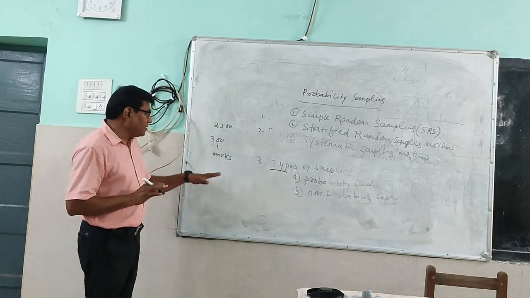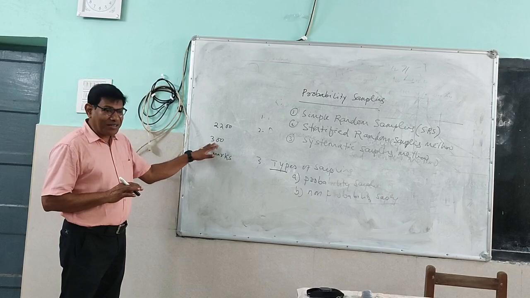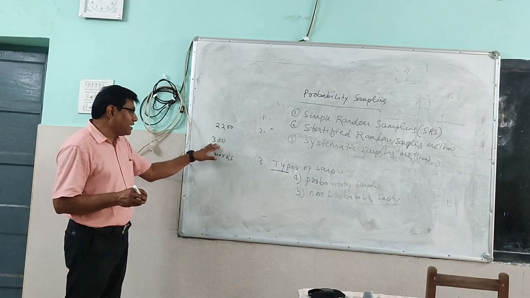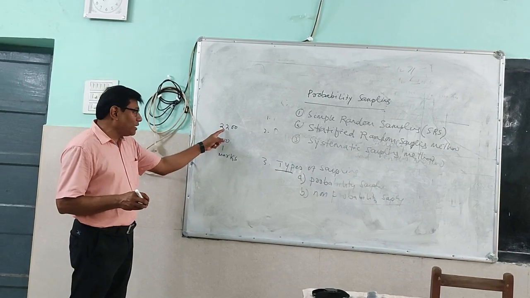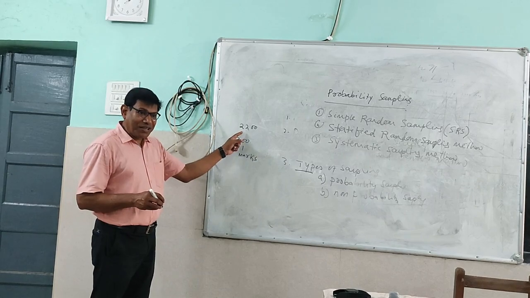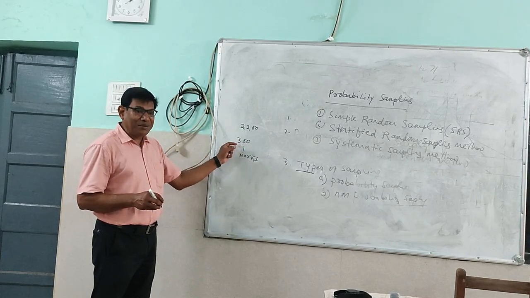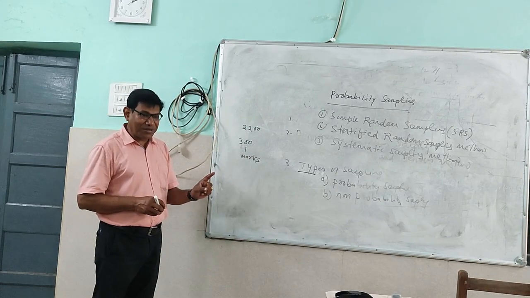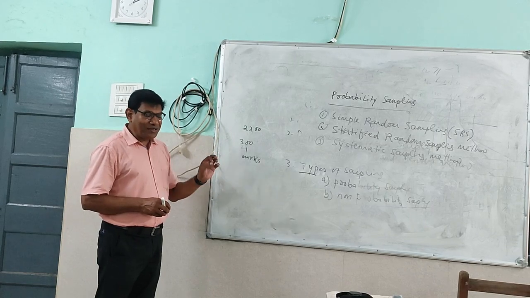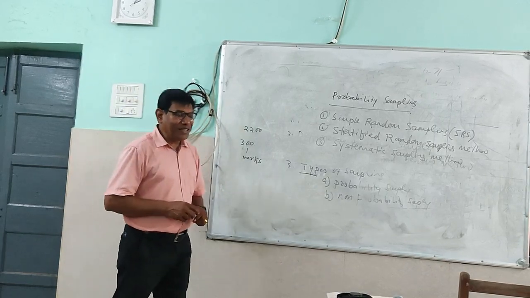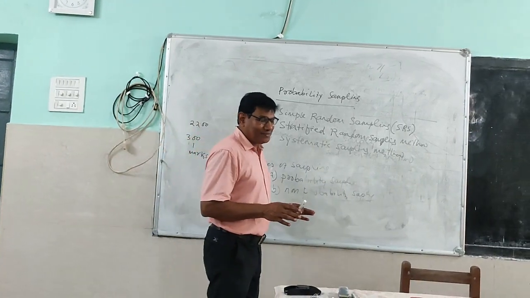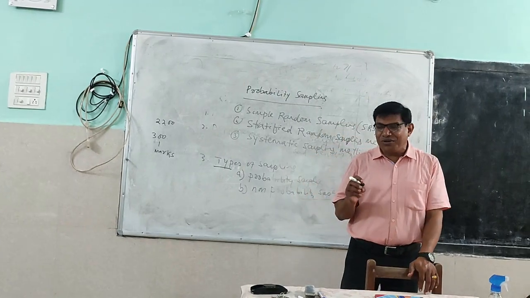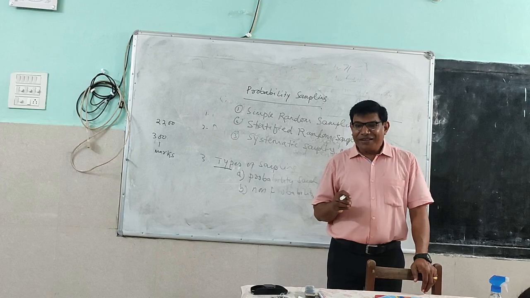So what does it mean? Suppose we have 300 samples. Suppose we draw out of 2,200, we select 300 samples. So out of a 2,200 population, if every person has equal chance of being selected, this is called the simple random sampling method. Why is it called a probability method? Because there is a chance involved with it. In this method, there is no bias or any discrimination.